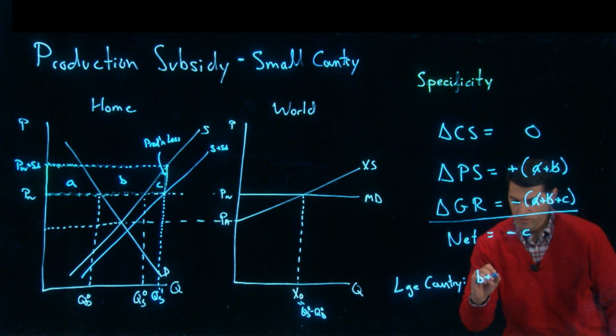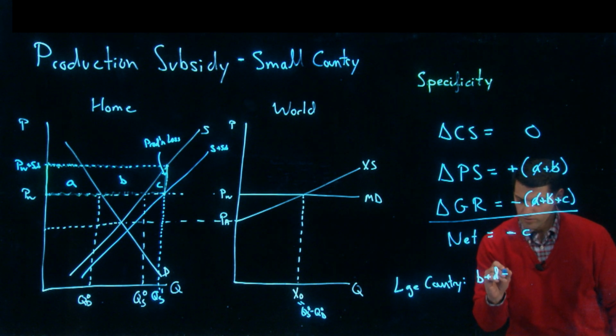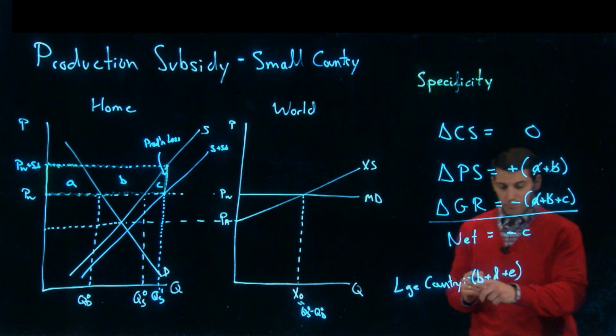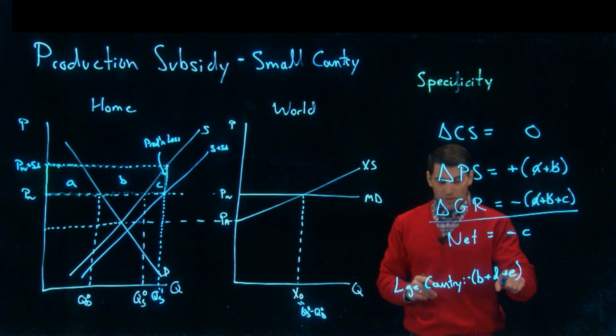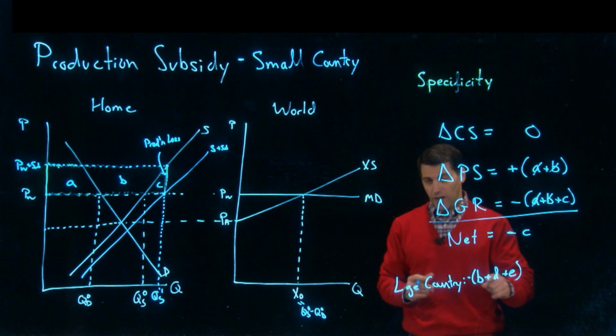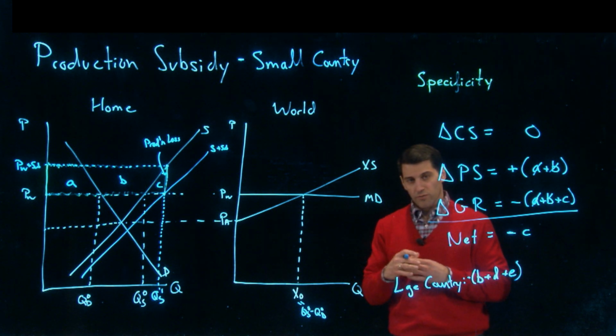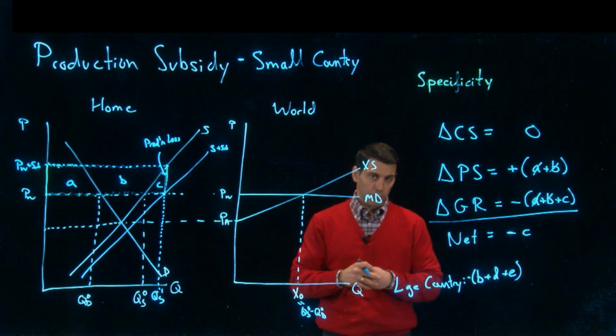You had a total welfare loss that was, if you remember, B, D, and E. And what was driving E was the size of that terms of trade loss, the fact that we were putting downward pressure on the world price.